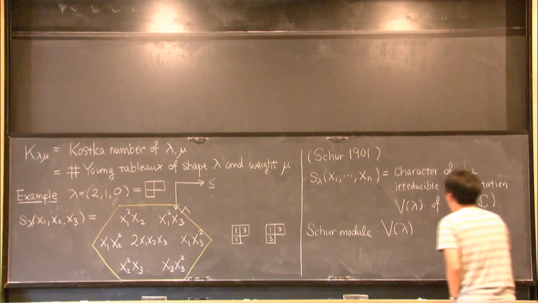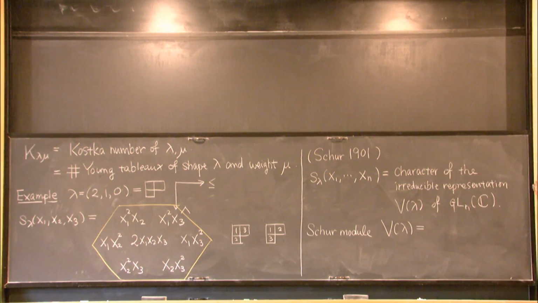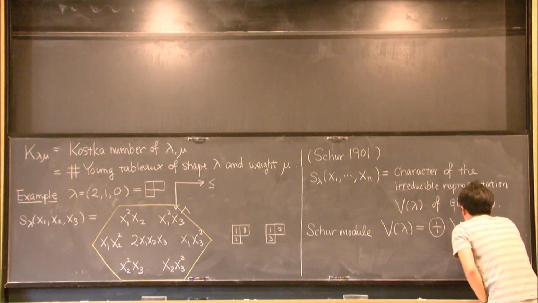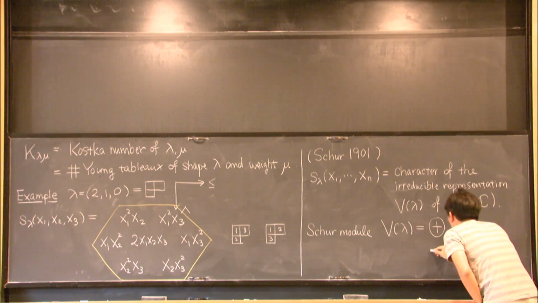So the Schur module is a module over GL_n, but it splits further into modules over the torus inside the general linear group, called weight spaces. Let's write it like that.